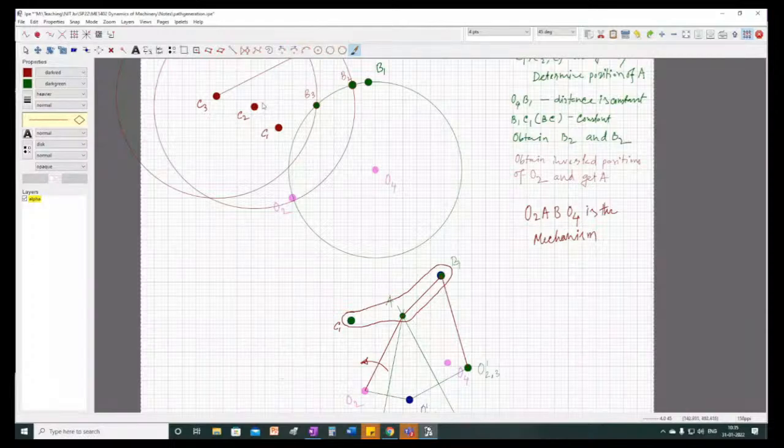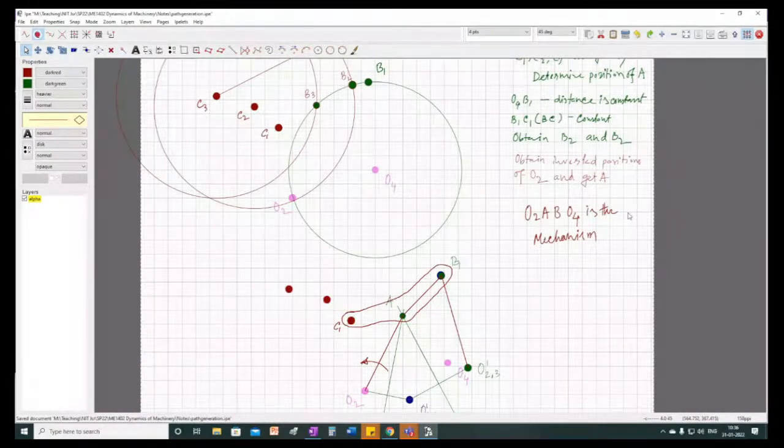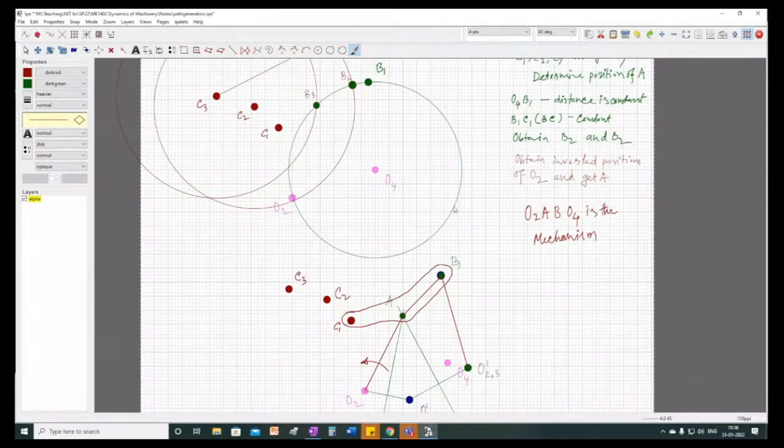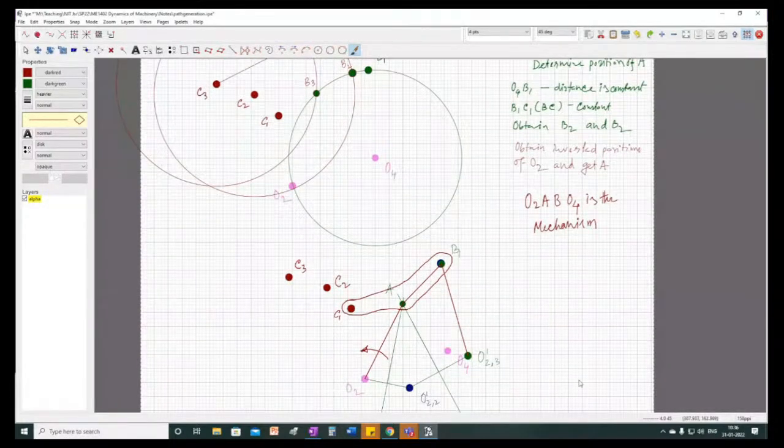So for completeness, let us copy these 3 points and place them there. So this is our C1, C2, and C3 point. With this, we complete the discussion on the path generation problem. If you have any question, you can ask me. I can repeat it for you.